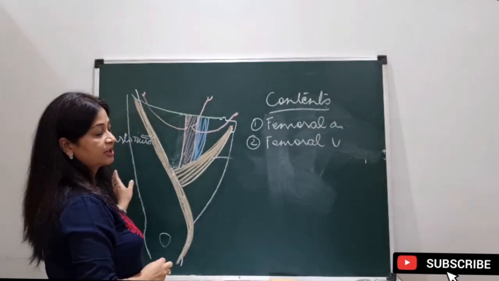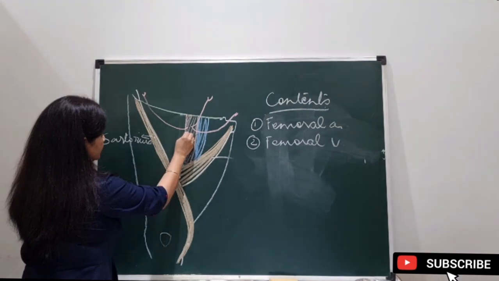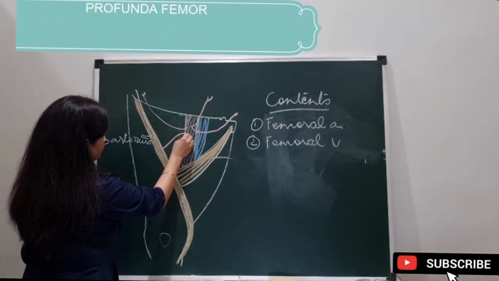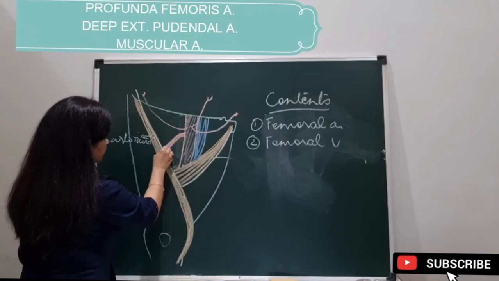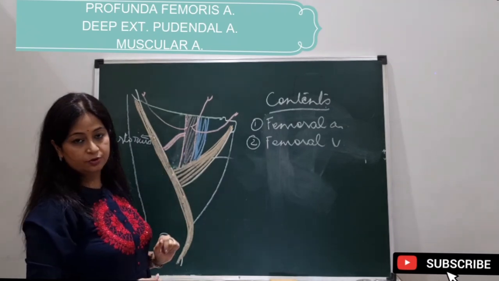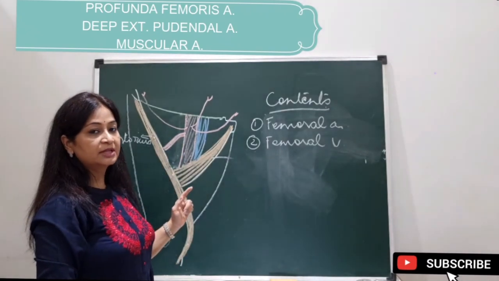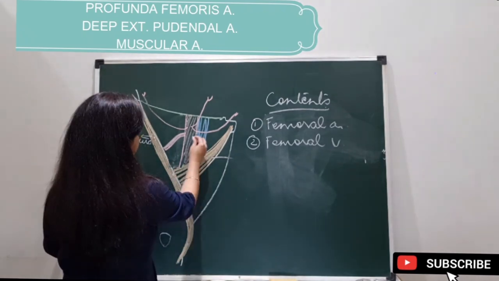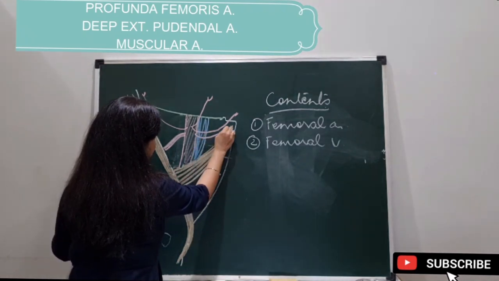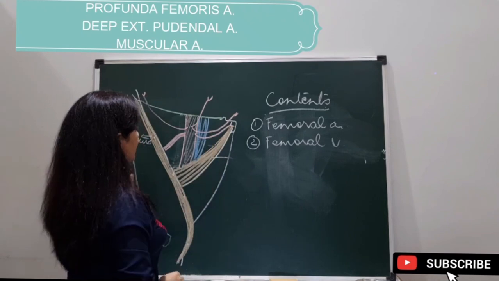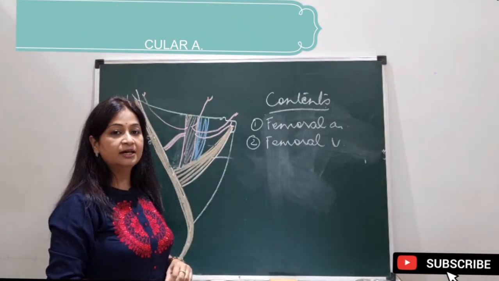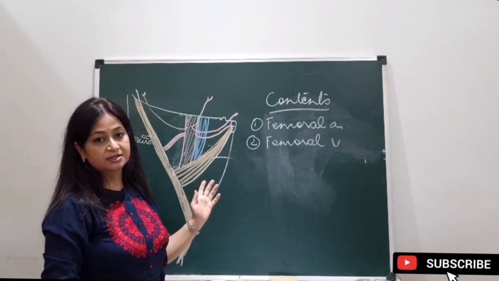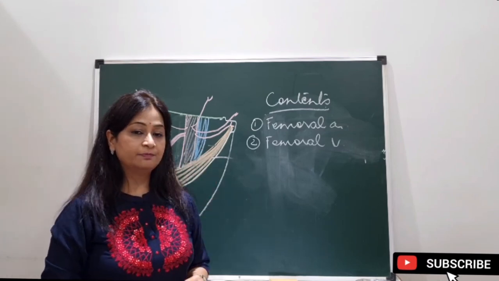Now the 3 deep branches are number 1, the profunda femoris artery. Now the profunda femoris is the largest branch of the femoral artery. Apart from that, another deep branch is known as the deep external pudendal, and the third are the muscular branches which supply the adjacent muscles. Okay, so again I will repeat this.